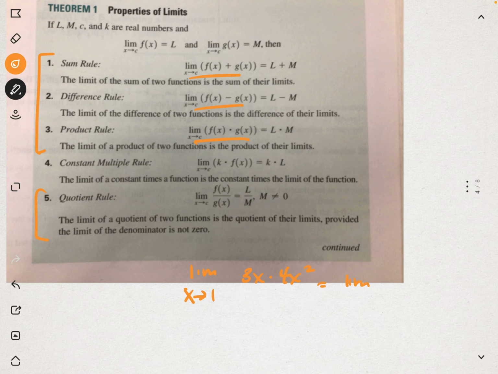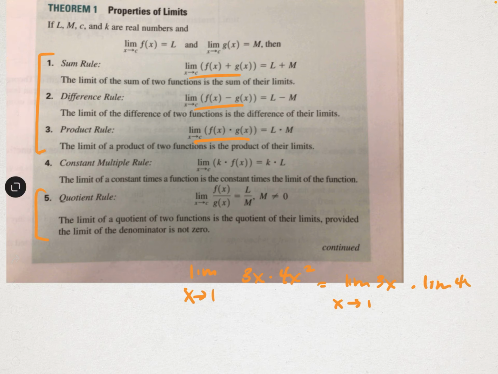We can do the limit of 3x as x approaches 1, and then multiply that with the limit of 4x squared as x approaches 1. So we can take them separately. Sum, difference, product, quotient: you can find them as separate limits.